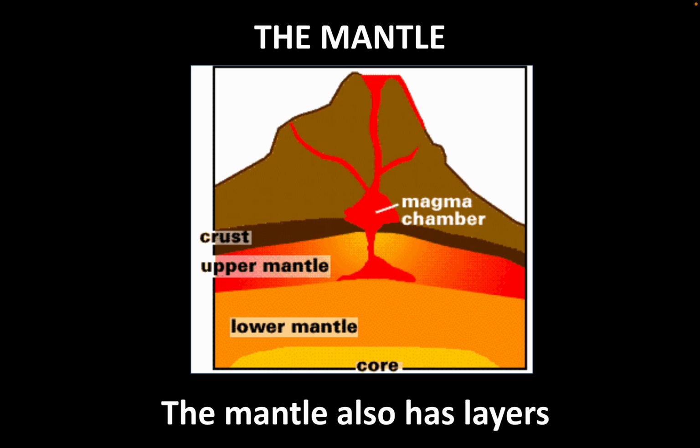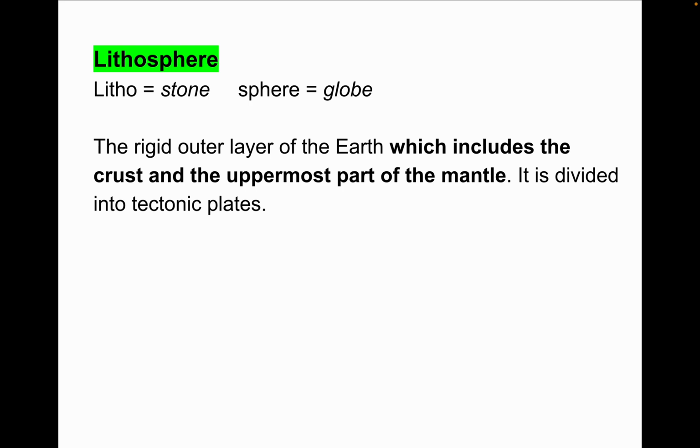The mantle actually technically is made up of different layers too. They're called the lithosphere, which is your vocabulary term. Litho means stone or rock, and sphere is globe. So the lithosphere is the rigid outer layer of the earth, which includes the crust and the uppermost part of the mantle, and it's divided into tectonic plates.